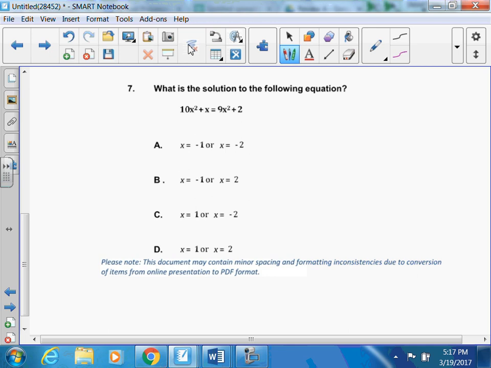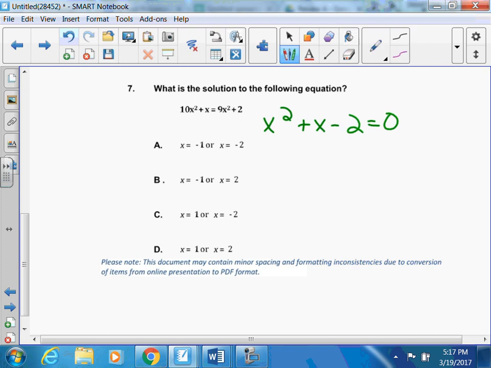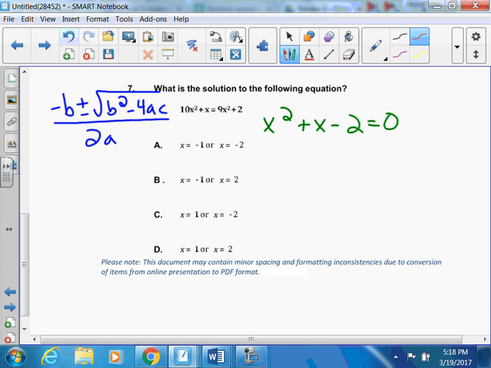Okay. One last method you could use to solve is the quadratic formula. The quadratic formula is a formula used to solve quadratic equations: negative b plus or minus the square root of b squared minus 4ac, all over 2a. And you identify what a, b, and c are by the coefficients.